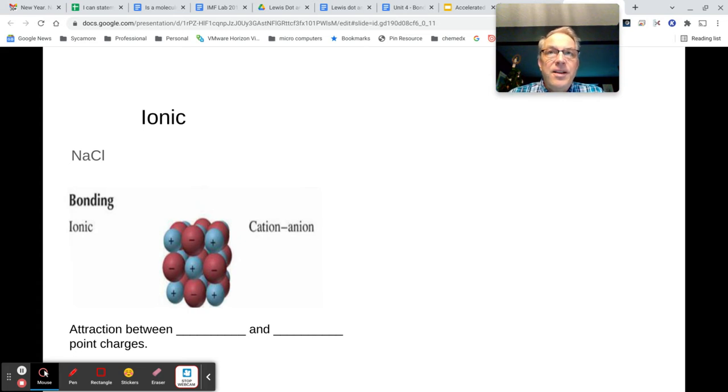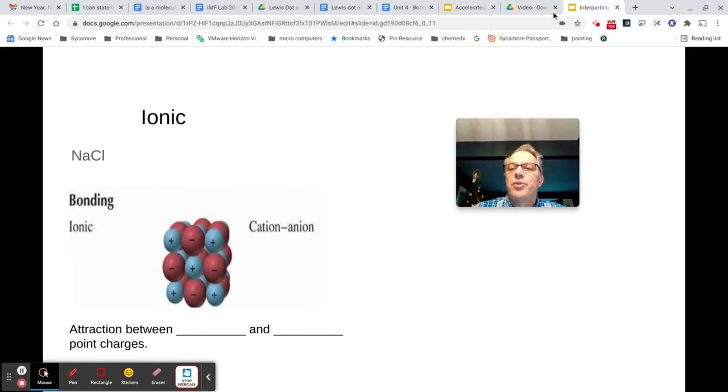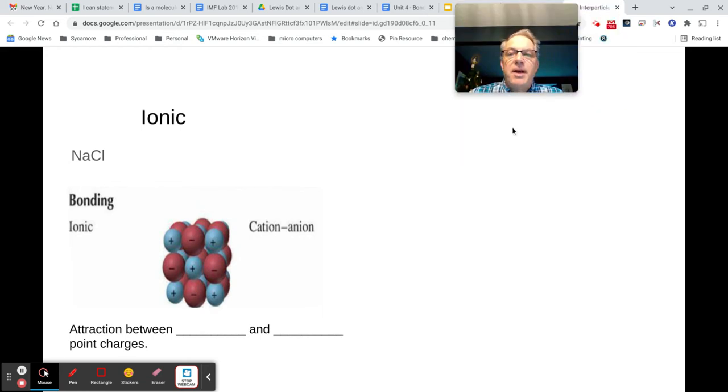Basically, these are interparticle or intermolecular forces in which there are attractions between full positive and negative point charges, cations and anions. These are some of the strongest forces, because you've got a positive and a negative.